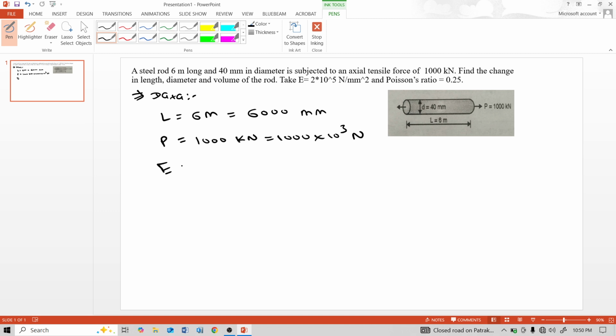Young's modulus is 2 into 10 raised to 5 Newton per mm square. Poisson's ratio mu is equal to 0.25. Diameter of steel rod is 40 mm.